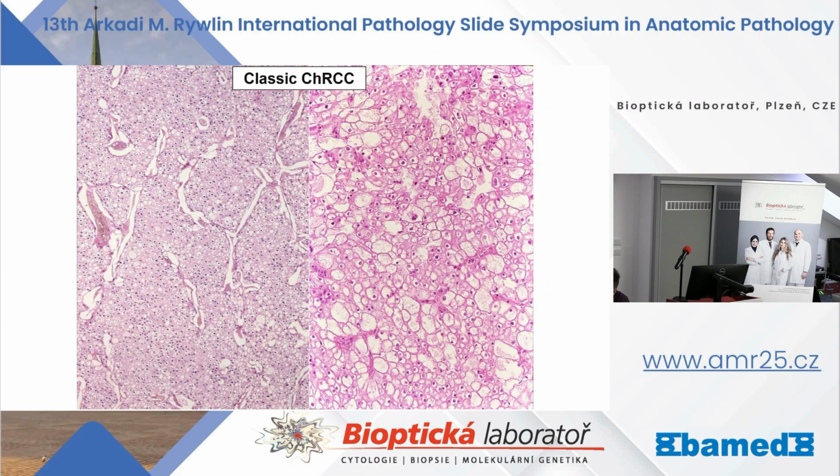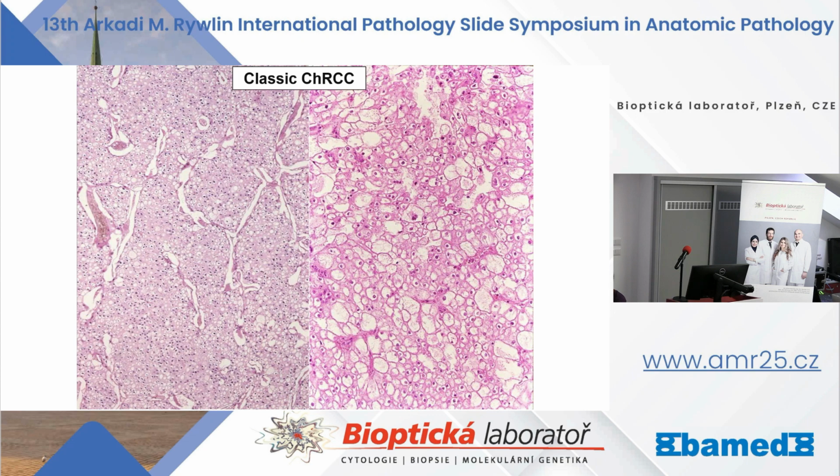Here you can see some pictures. This is a classic variant of chromophobe renal cell carcinoma. In the classic variant, you typically have a mixture of bigger, clearer cells together with smaller, more eosinophilic cells. Once again, the most important are raisinoid characteristics, perinuclear clearing, and binucleation of the cells.